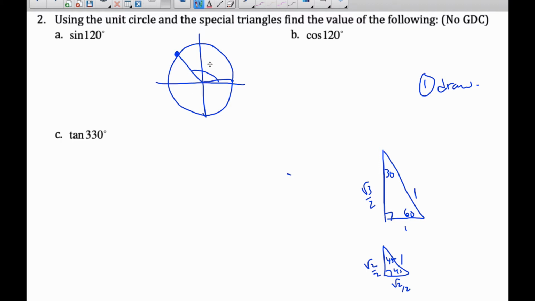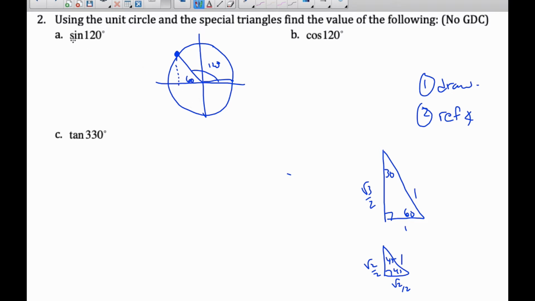So this is 120 degrees. The second step is to find the reference angle. If this is 120, my reference angle is always to the x-axis. Here it is 60. All right, so I got my reference angle.